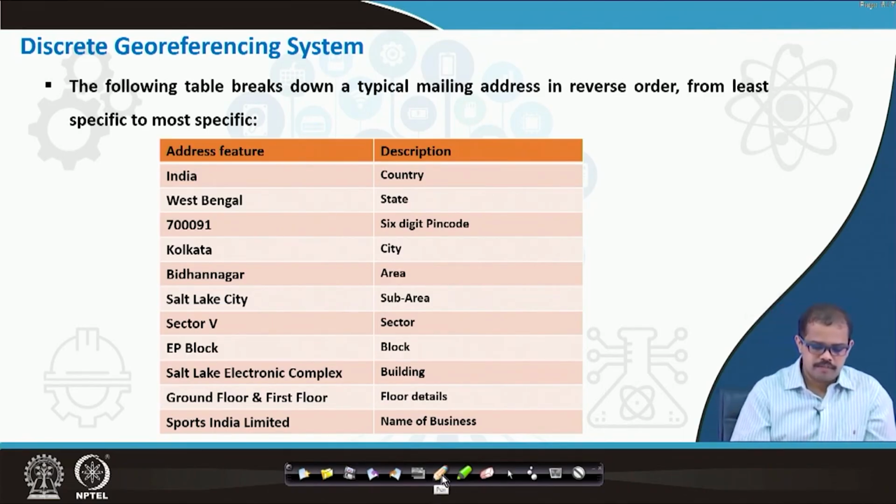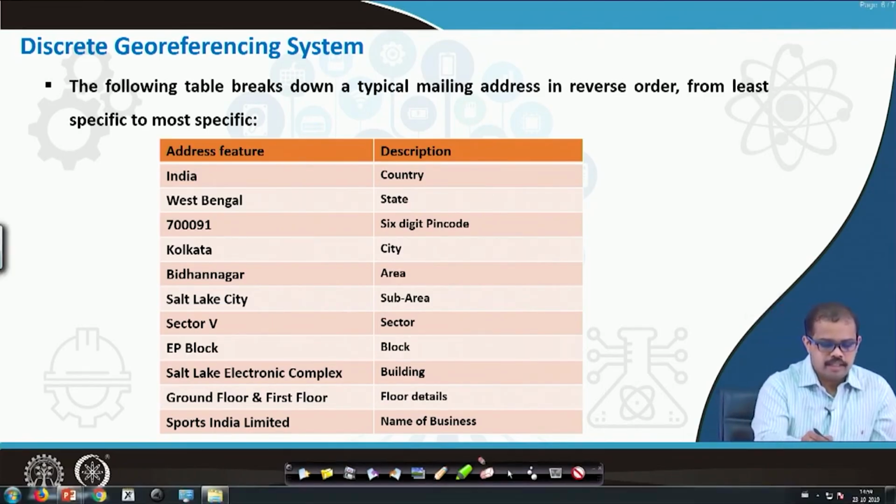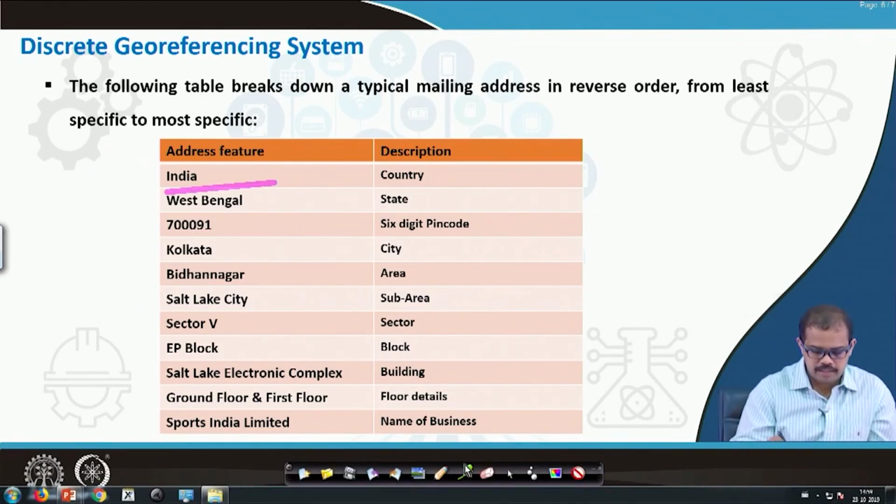For example, the first thing that we normally see is India, a country, right? Once we have seen that, the next point is the state of West Bengal.